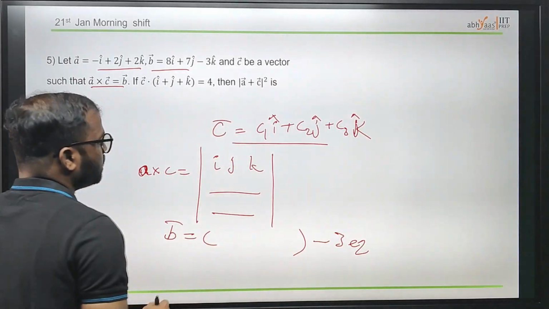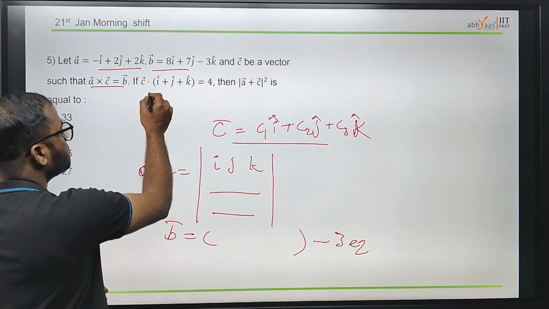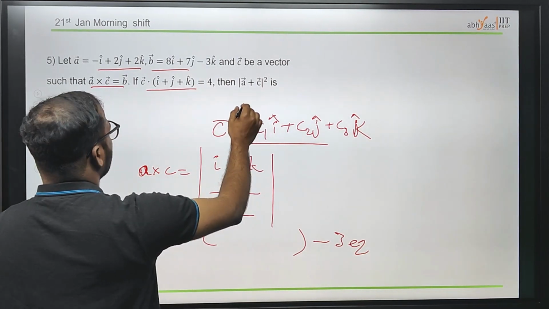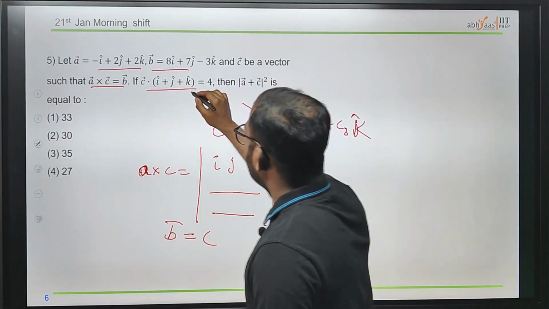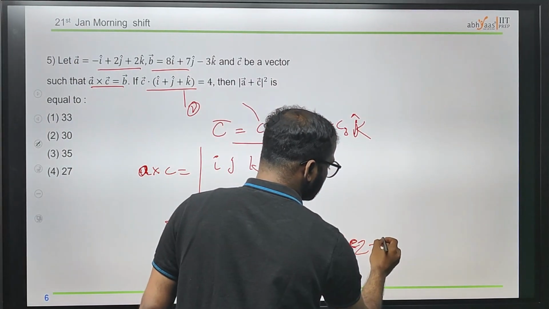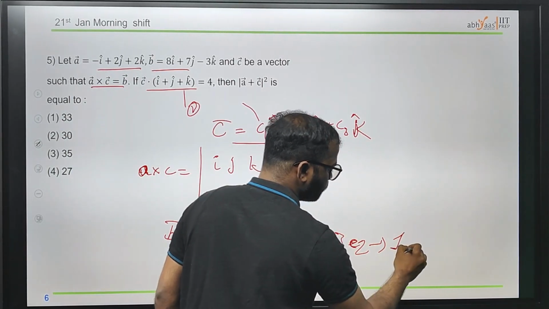But with that alone we cannot conclude. If you do the dot product using c bar, we will get another equation. From the three equations we can only get one independent equation after doing the calculations.